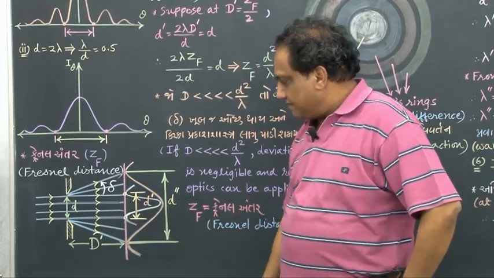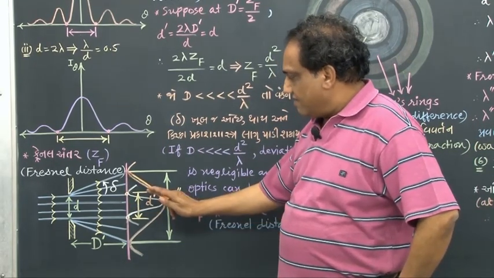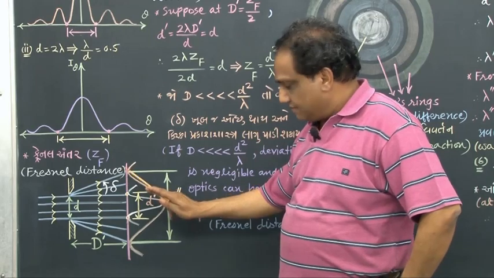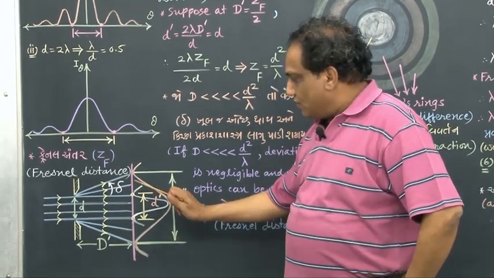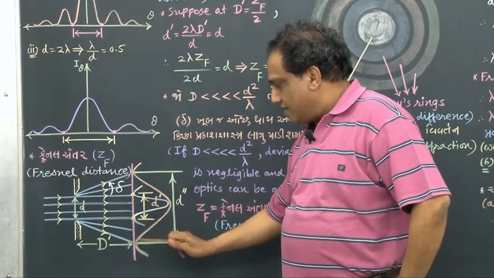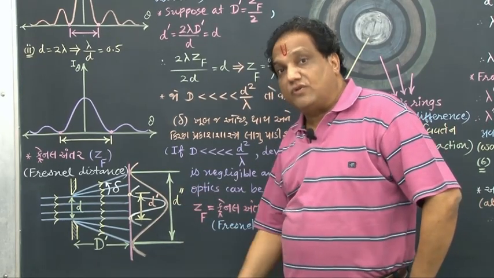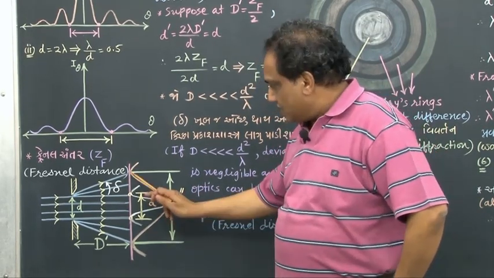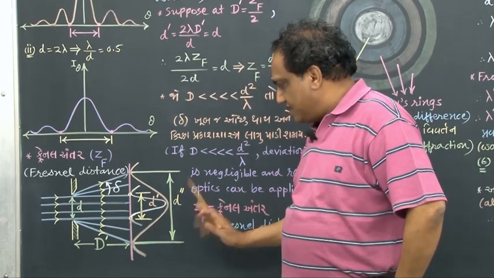What does it mean? That here there will be central maximum, here there will be first order minimum, here also first order minimum. Then you know distance between two first order minima on either side of central maximum. What is it called? Width of central maximum. So this much is the width. Let it be small d double dash.